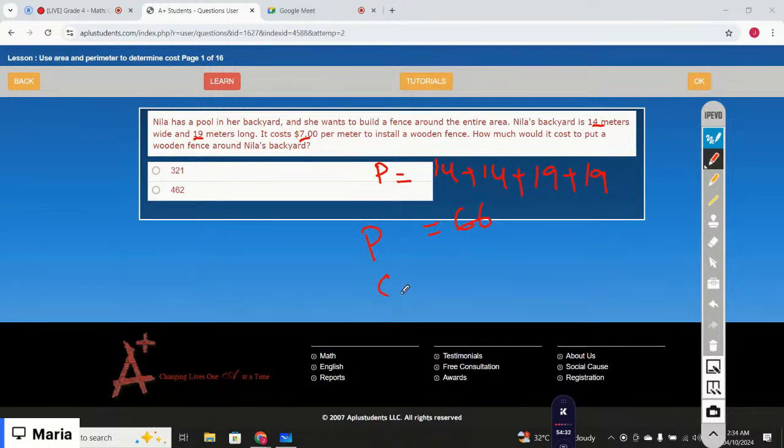So the cost per meter is $7. You have to calculate the cost of 66 meters. So you have to do 66 times 7. That is 462. So option number 2 is the correct option.